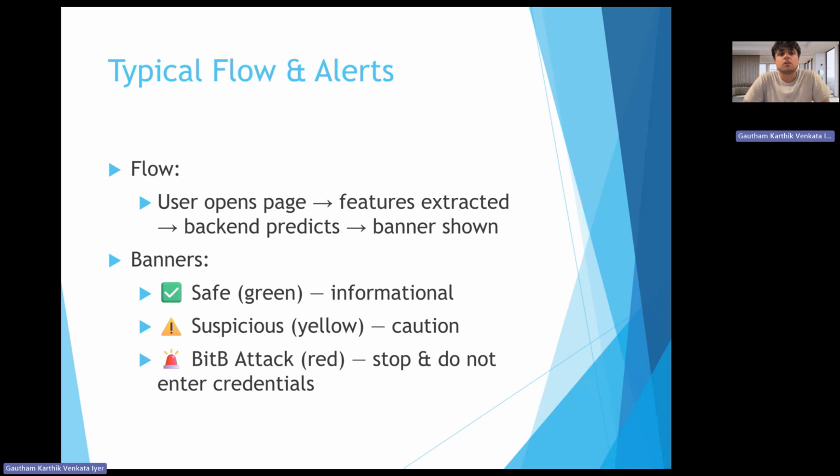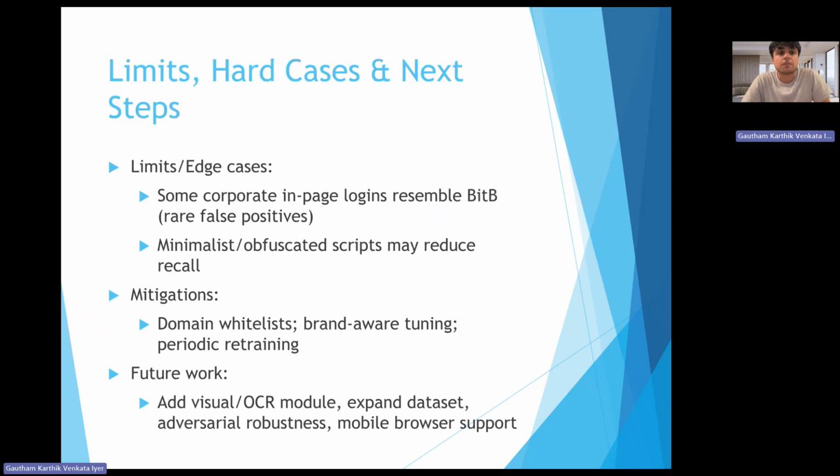The typical flow is that once the user opens the page, the features are extracted and sent to the backend, the backend predicts, and thereby a response is given. The response will be one of these three banners. I'll come back to the conclusion later.